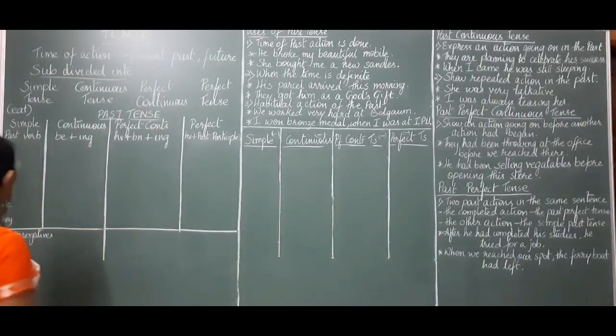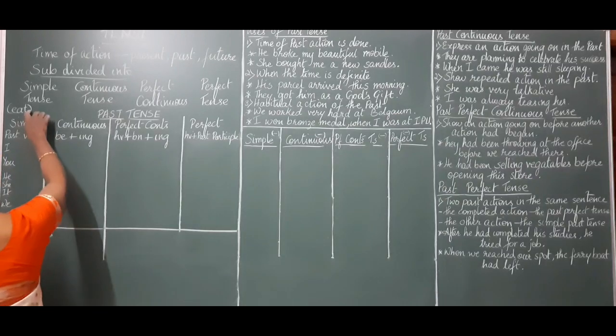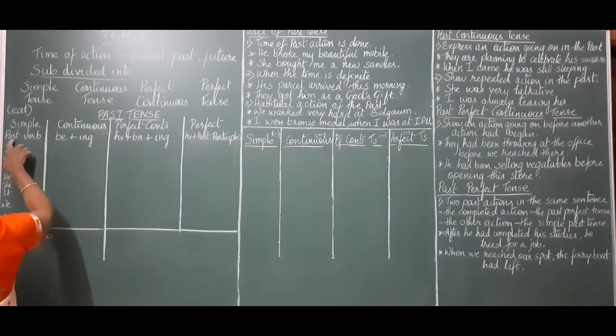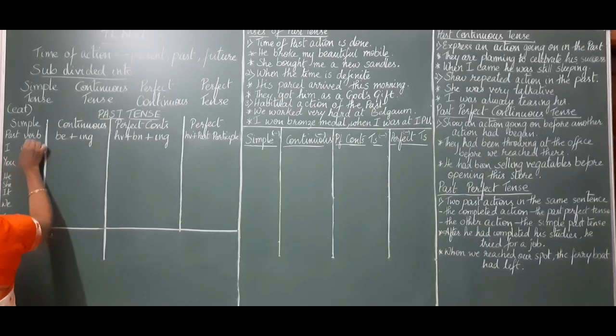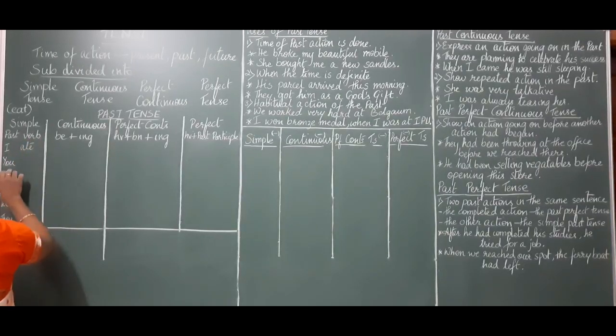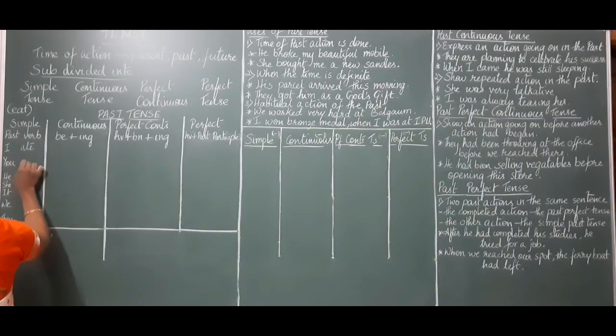With the subject singular first person, I take the past tense of eat. The past verb of eat will become I ate. You, second person: you ate.